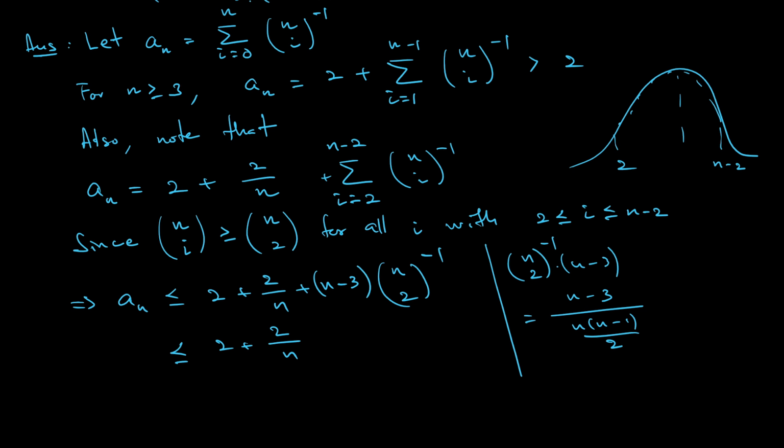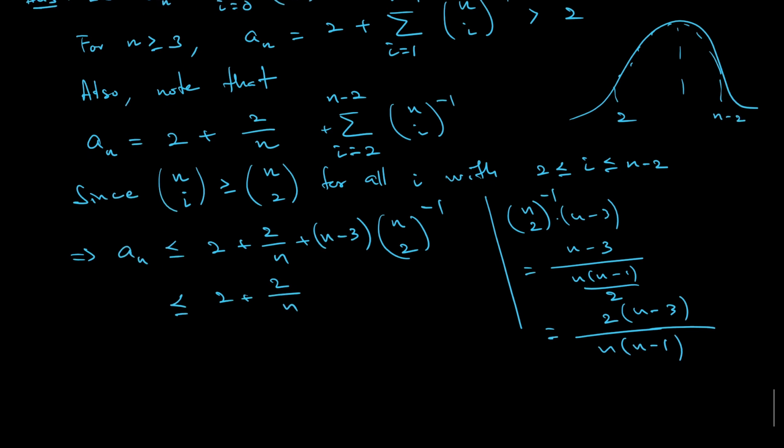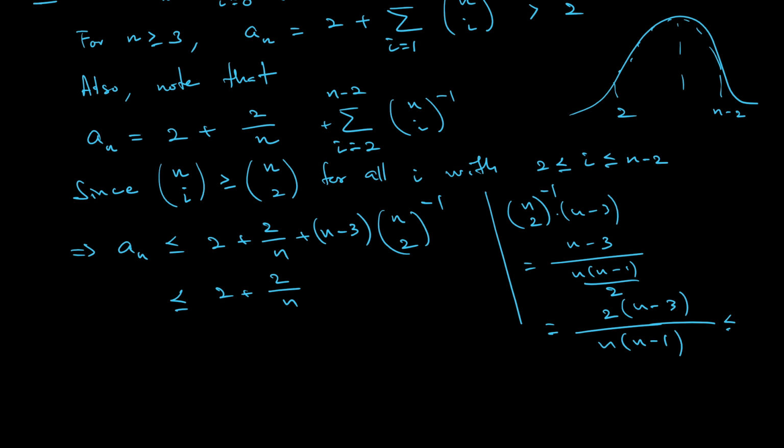So this is basically 2 over n minus 1. Okay. And this is obviously smaller than or equal to 2 over n, alright, because this is smaller than or equal to 1. Okay, so plus 2 over n.